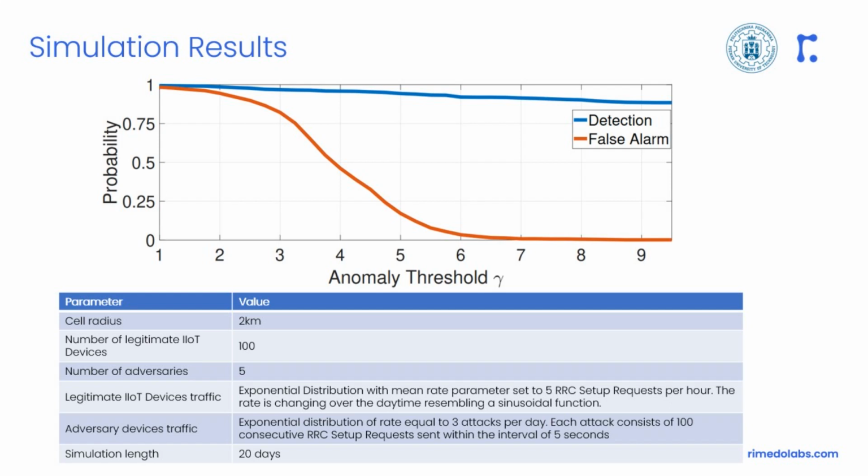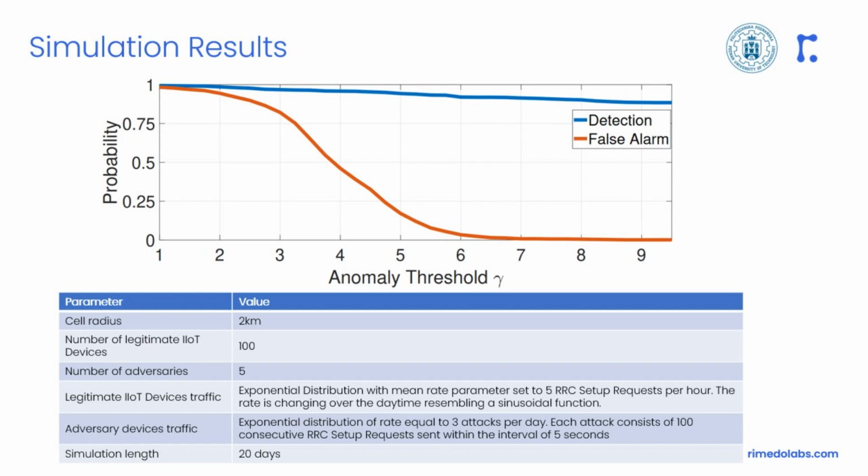We have verified the proposed algorithm by means of computer simulations. The simulation parameters are depicted in the table. We have considered a single cell with a 2 km radius that provides connectivity for 100 legitimate IIoT devices and 5 adversaries. The legitimate devices send their RRC setup requests with an exponential distribution of mean rate parameter equal to 5 requests per hour.